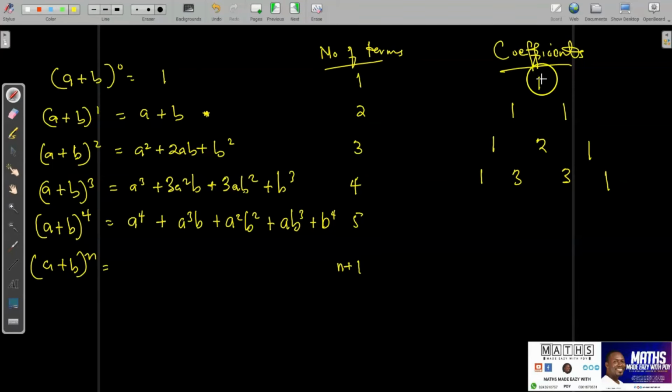The first coefficient, you just repeat this here, and then you repeat it there. When it comes here, you repeat what is here, but you add this to that to give you what is here, and then you repeat the last. Did you see what I did?